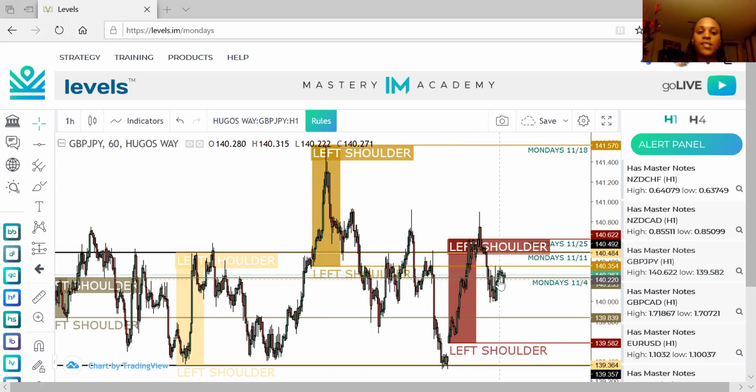So in both instances here, we would have done a sell limit when the head actually came back into the Monday region. And then we've also done a sell limit once we had the full 100% confirmation of the head coming back to Monday low. We then did a sell limit at the top of Monday high.